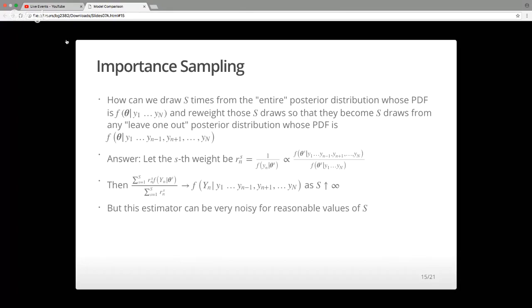So how can we come up with a perhaps biased estimator of these importance sampling weights, even though the bias is actually very small, that has a lot less variance, and then obtain a leave one out predicted density that is going to have a lot less variance as well?